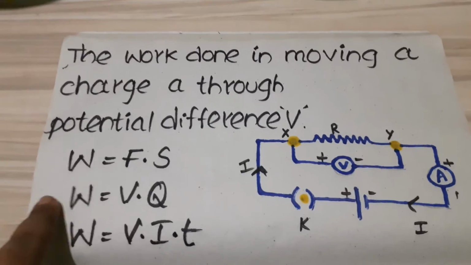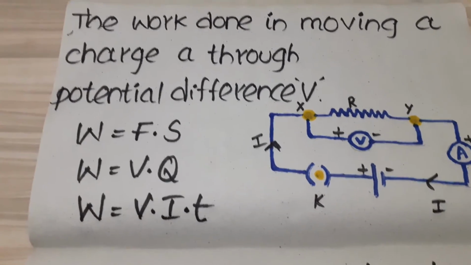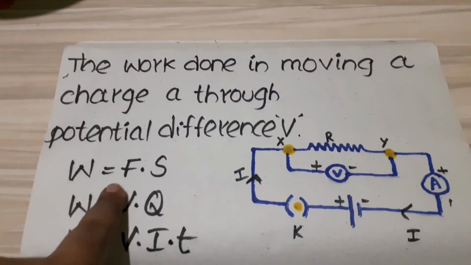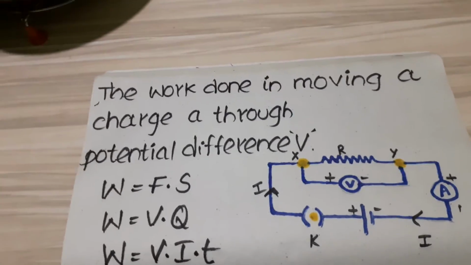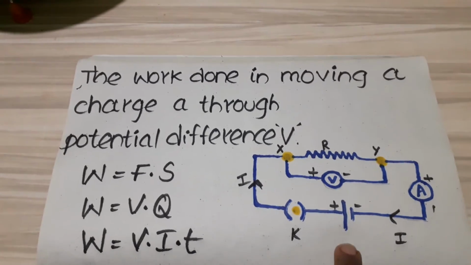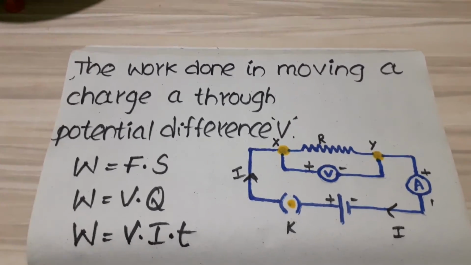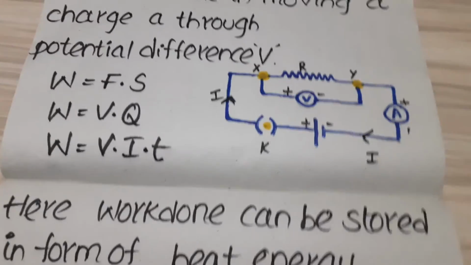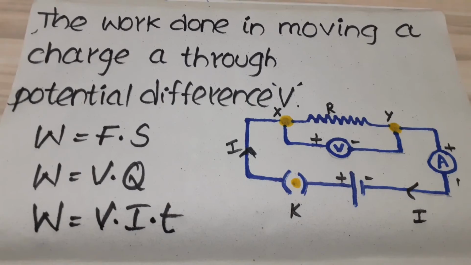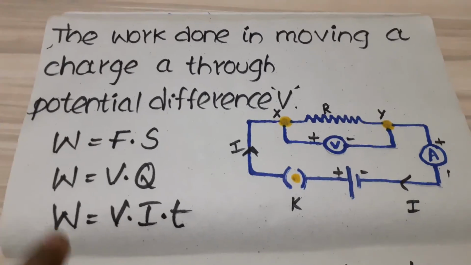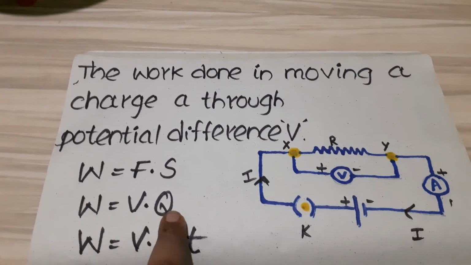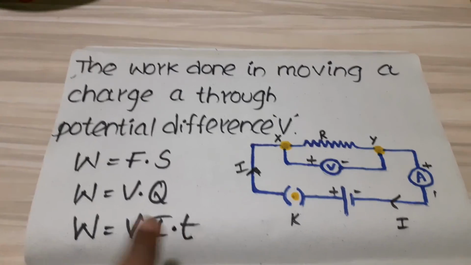We have to find the work done on each electron. What is the formula of work? The product of force into displacement is called work. In this circuit, force will be applied through the battery, so the battery's potential difference is V. Displacement is of electrons, whose charge is Q. W equal to VQ, Q equal to IT.